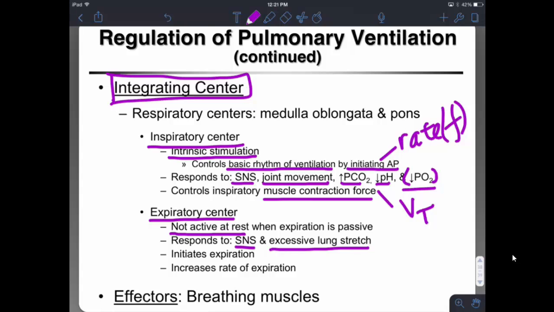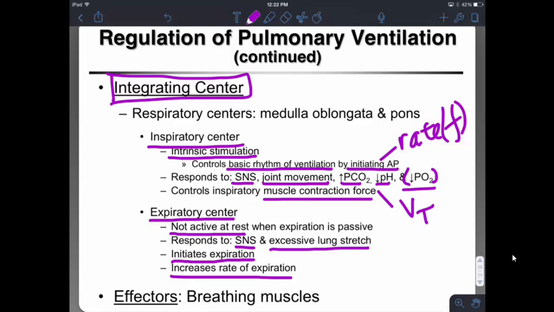So the expiratory center is not active at rest. It becomes activated during exercise, and what it does is it doesn't wait for inhalation to end. It cuts inhalation off and initiates an expiration. It also does increase the rate of expiration.